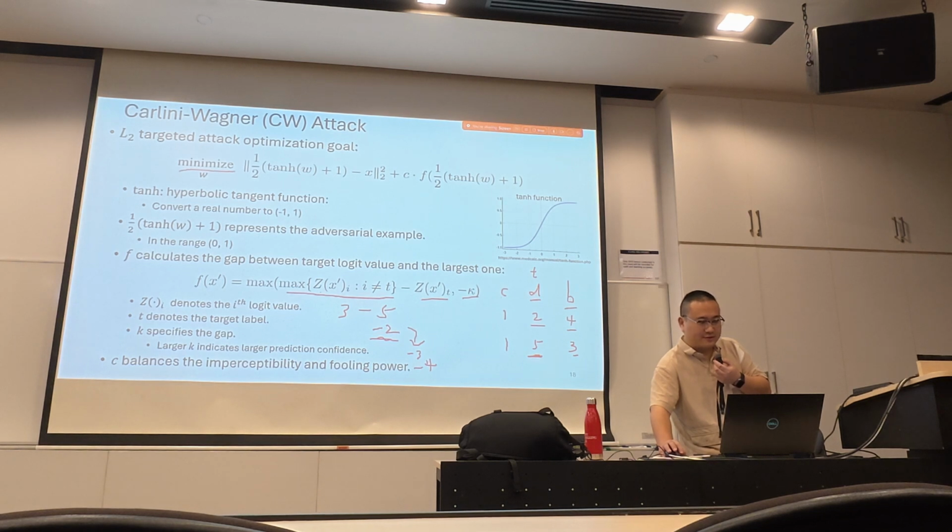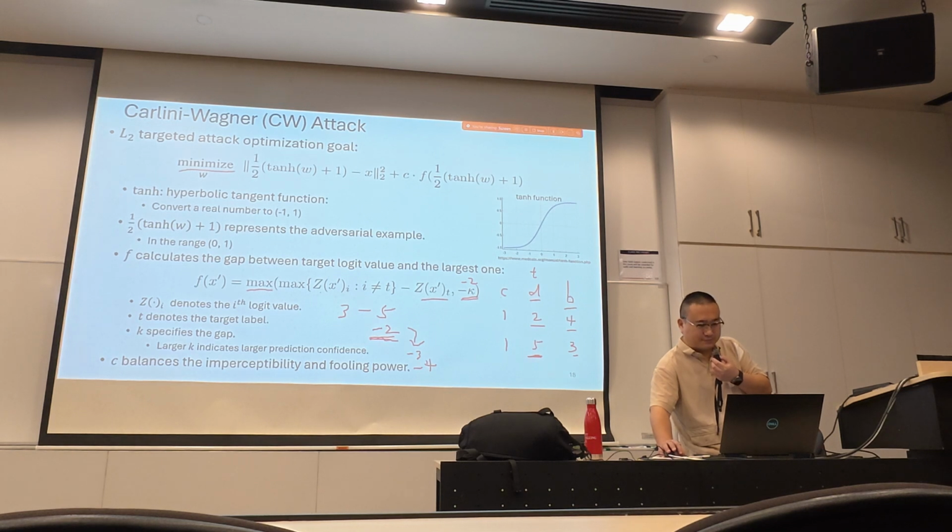So how does K work? Just as an example, we set K equal to 2. Therefore, minus K here is minus 2. We have the internal max and also the external max. For the external max, we calculate the larger value between the gap and a constant. Minus K is just a constant.